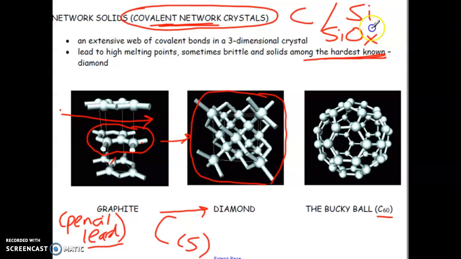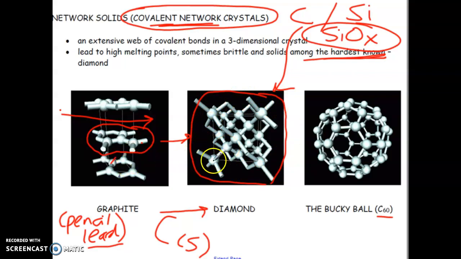There's a whole bunch of variety of silicone oxides and silicone based solids that can take on different types of patterns. Now in terms of the silicone oxides, and of course, if you're talking about carbon in the diamond form, they are very, very strong, not very malleable at all, because the melting point is actually very, very high when you're looking at these more complex patterns.